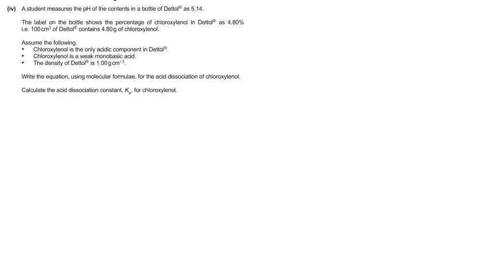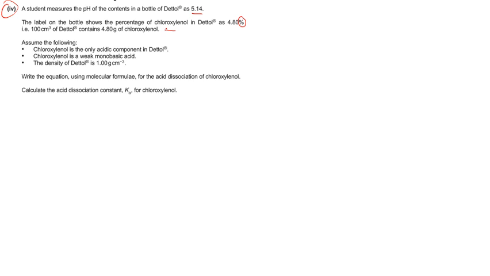Okay, yeah, moving on to part 4. We've got some more stuff to do with this phenol product, chloroxylenol, and we're told its pH, right? We're told how concentrated it is, but we've got unusual units, so we're going to have to take care there.